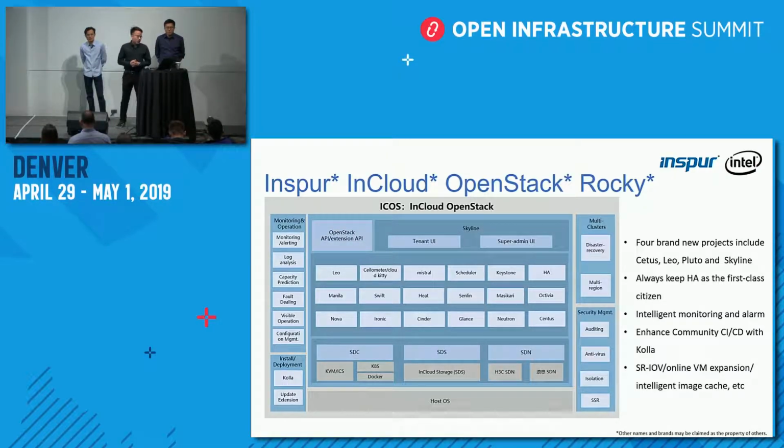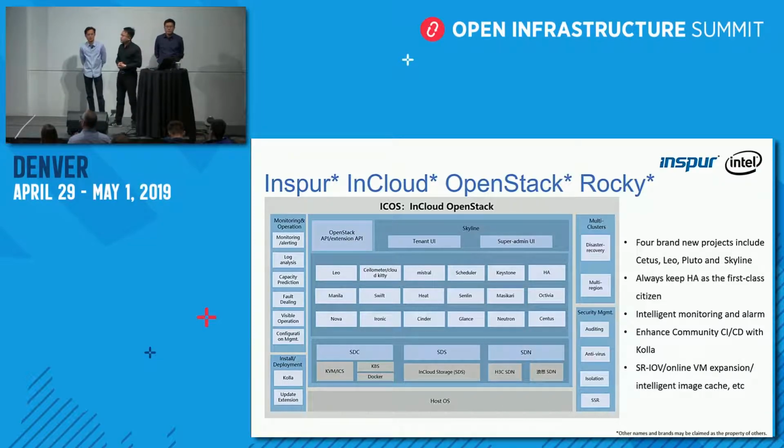Secondly, based on the CI/CD procedure and our learnings from the community, we utilize Kolla to build the images, and we put all the images into the registry in the CI procedure, which makes it faster.